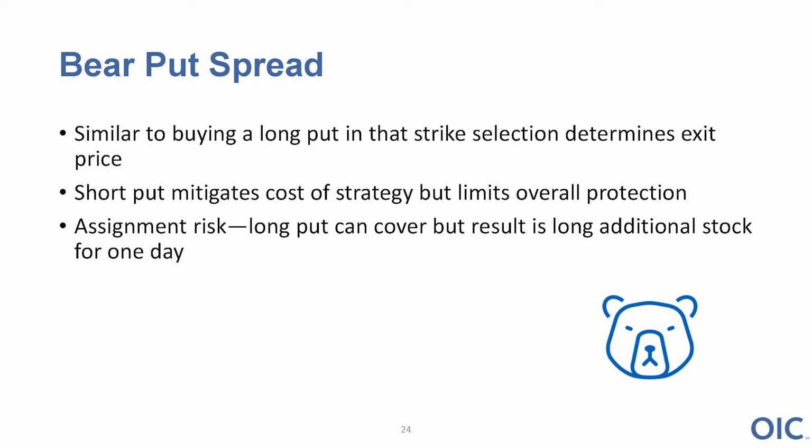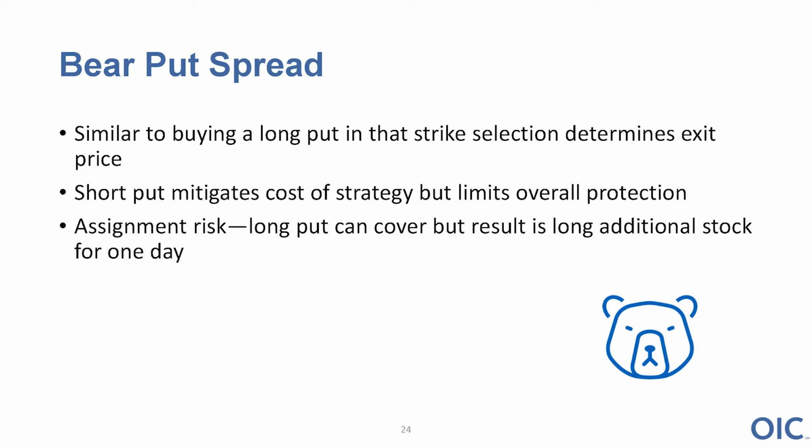One thing to keep in mind is anytime you sell options, you are subject to assignment risk. Theoretically, if somebody chose to exercise that put and you were assigned, you could be long stock for one day, but know that you have that higher strike put that you could exercise against it and alleviate that long stock position.